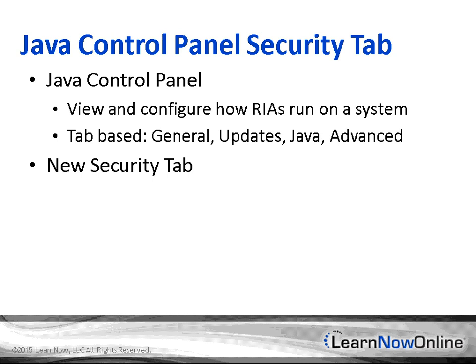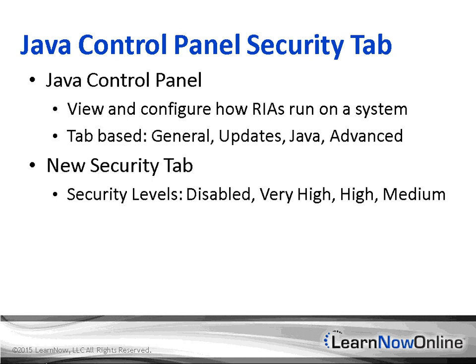So this new Java Security tab gives us the ability to configure and control the security applied to rich internet applications. For extreme security, the Security tab can be used to prevent the browser from launching any Java browser applications. You can also select the security level you want to apply to the RIAs your browser will launch.